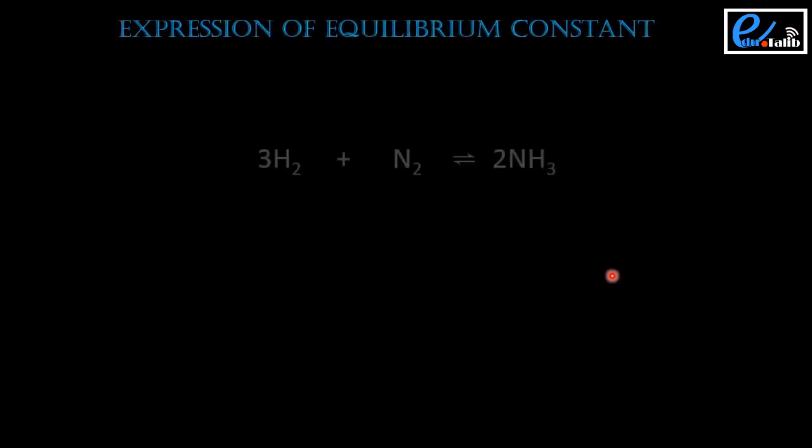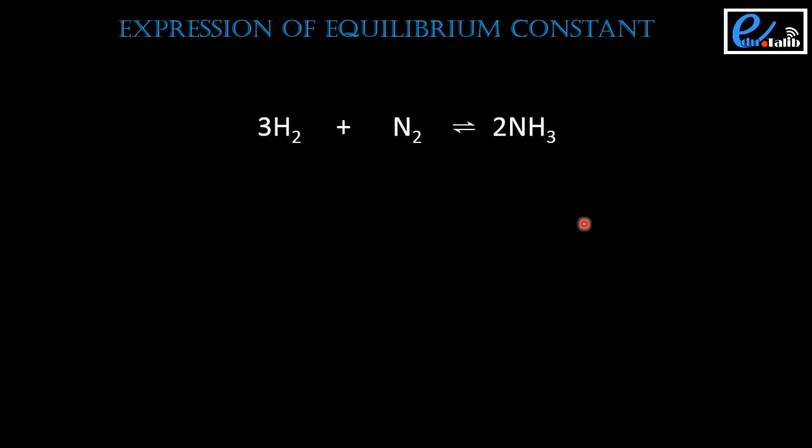Continuing with writing the expression of the equilibrium constant, we now consider the third reaction. This is 3 moles of H2 reacting with 1 mole of N2 and giving you 2 moles of NH3. For the first time, we are using the number of moles more than 1. Over here, this is 2 and this is 3.